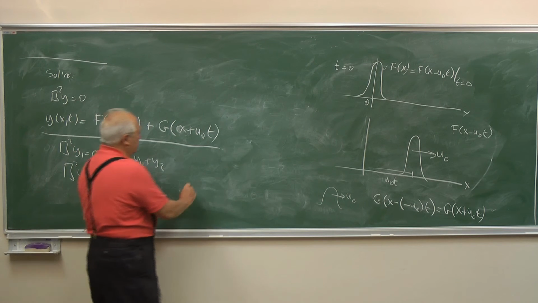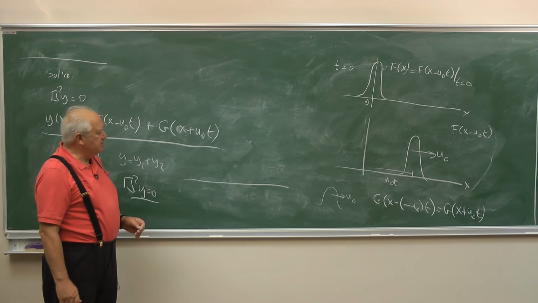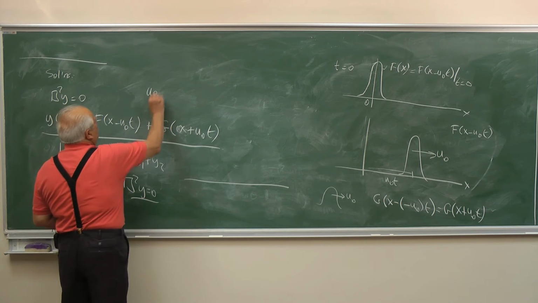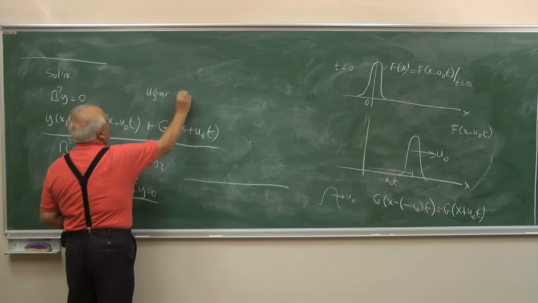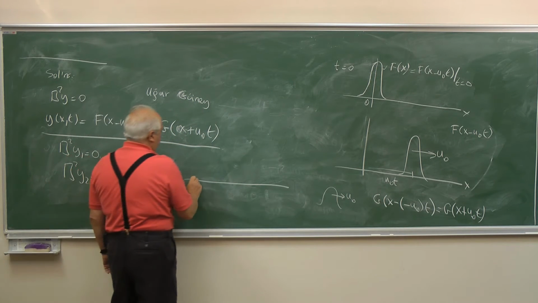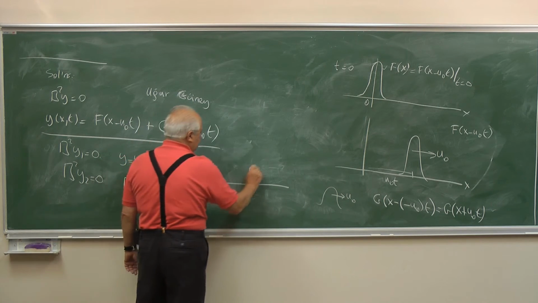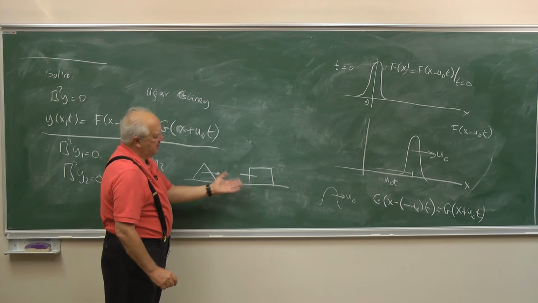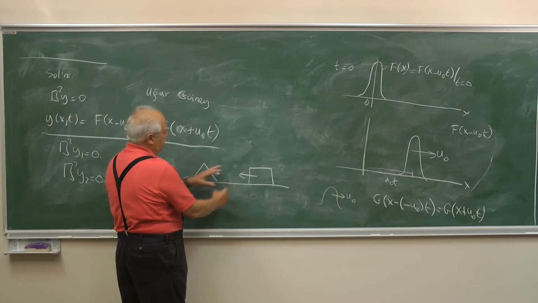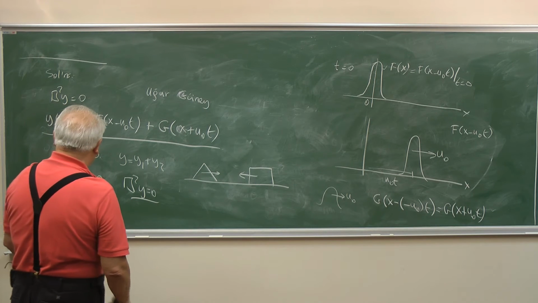So at the end of this discussion, you will see a video made by Ugur Guney, in which there is a wave going to the right and another wave going to the left. Of course, these are mathematical idealizations, and they superpose, so you can see the wave shape on such a thing.